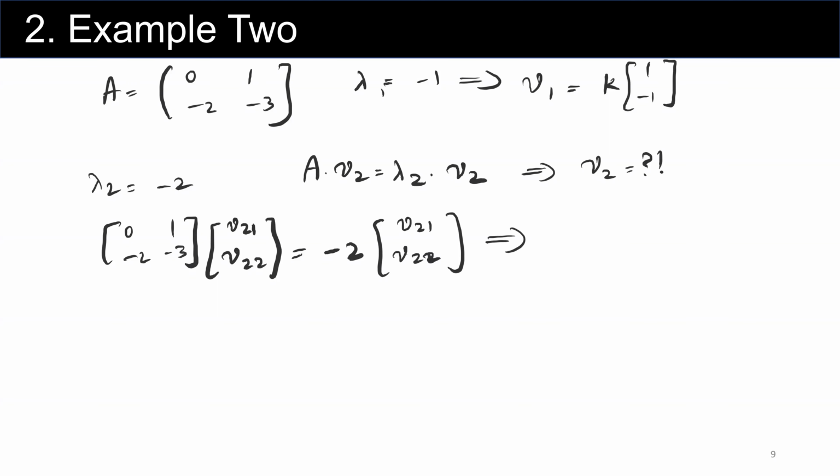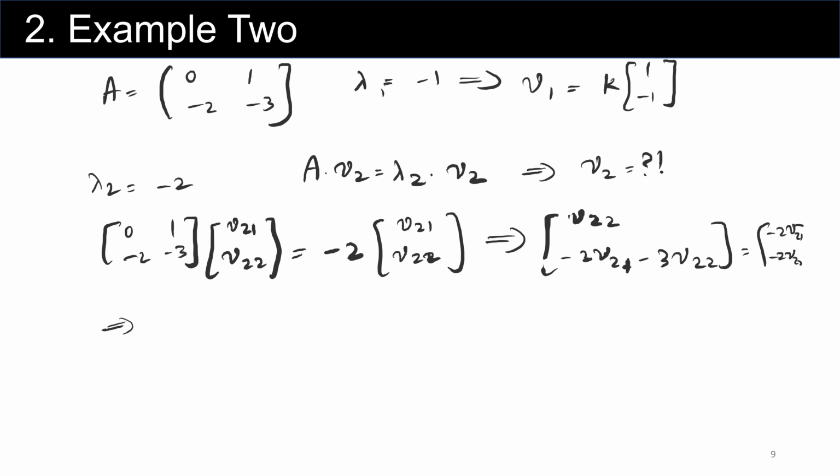All right, so this is ... minus 2 V2_1 minus 3 V2_2 is equal to minus 2 V2_1 minus 2 V2_2.